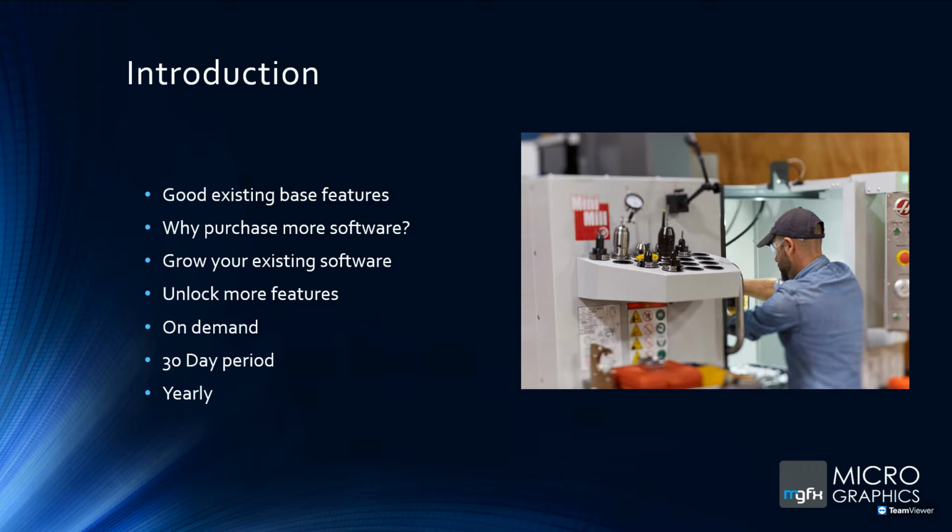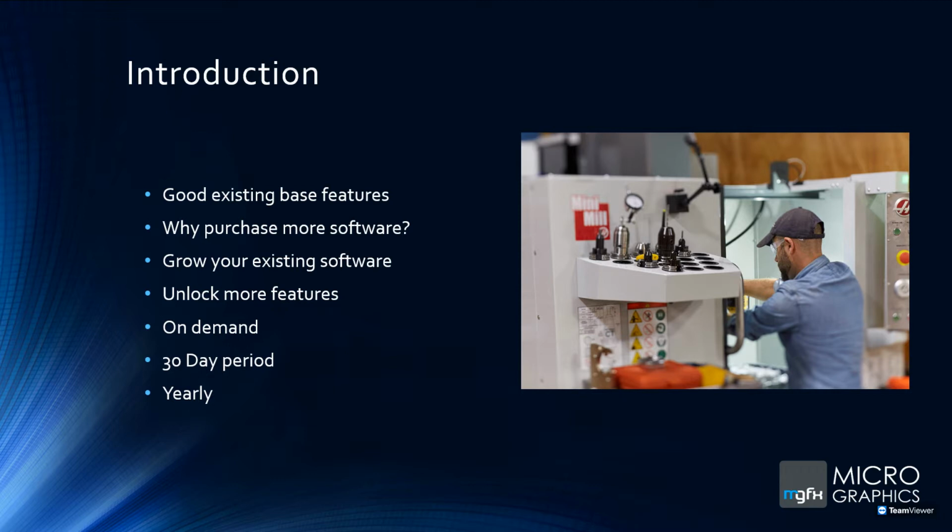So as a project arises and you realize you need those extra features, you can unlock those features on demand for that project and have them enabled for 30 days. So this on-demand functionality is perfect for those users who don't need these features all the time. They only need it for 1 or 2 projects during the year.